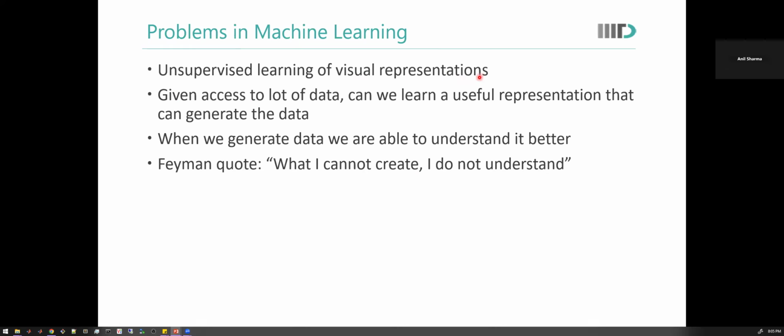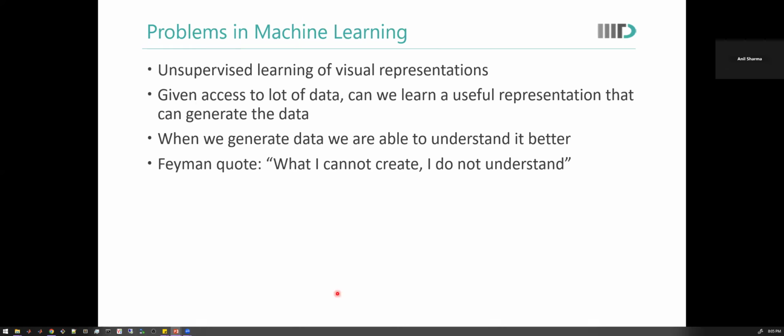Let's say we are given access to a lot of data, can we learn a useful representation that can generate the data? That is the main question that we try to solve in unsupervised learning. Can we generate the data, if we have a lot of data without the labels?